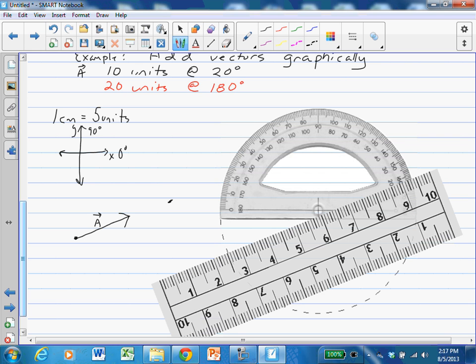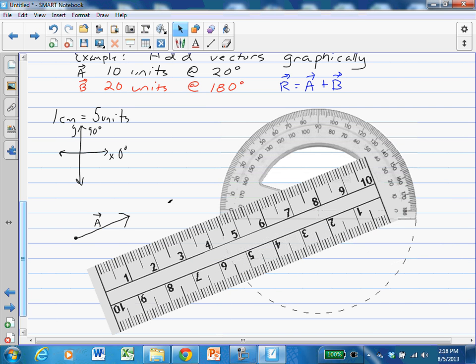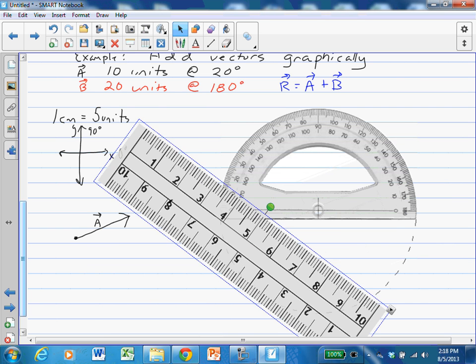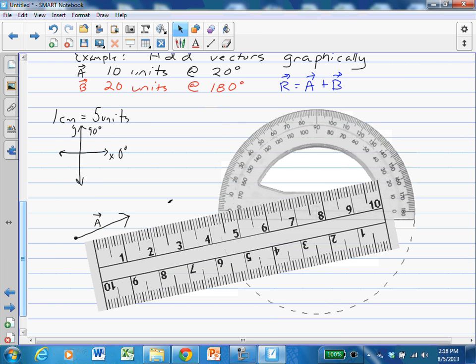And we're going to find R, which equals A plus B. Now A is drawn. B has to be connected head to tail. And that's 20 units at 180. So at 180, it's going to be straight down. So put my protractor on the tip. The crosshair's right on it.